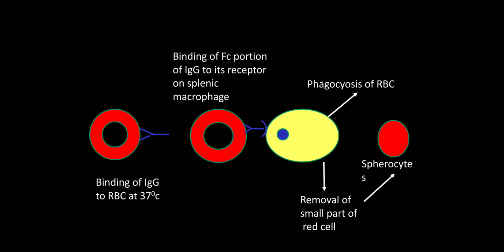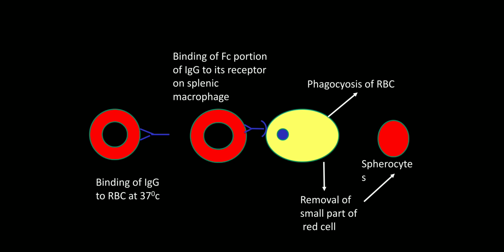So this RBC bound with IgG will get attached to the Fc receptors, the Fc portion of the IgG to the receptors, and that results in phagocytosis of the RBCs. It will be taken up by the macrophage, where it gets lysed.